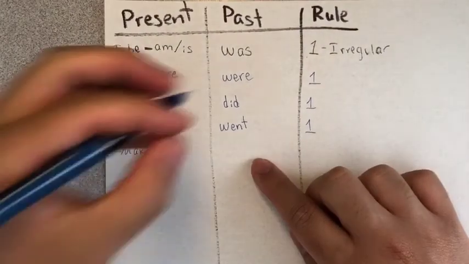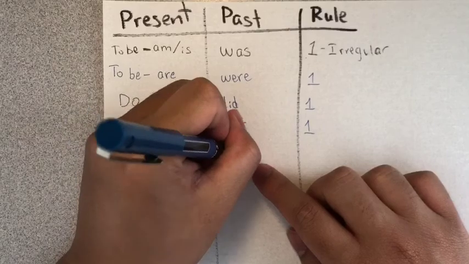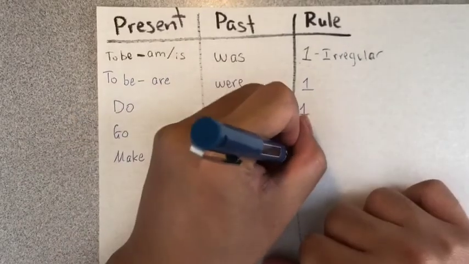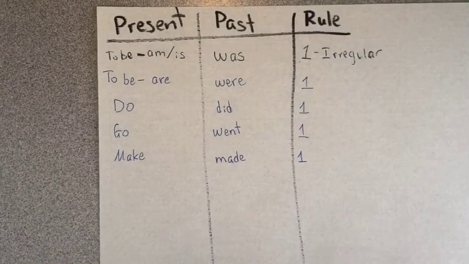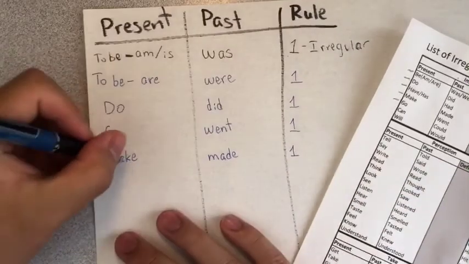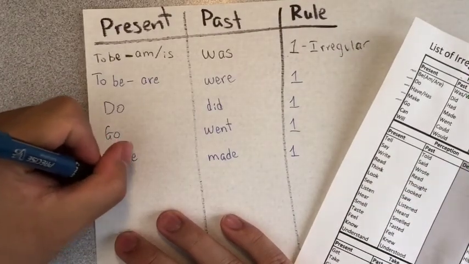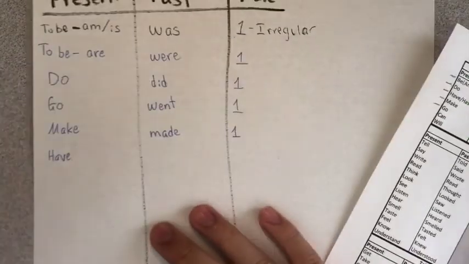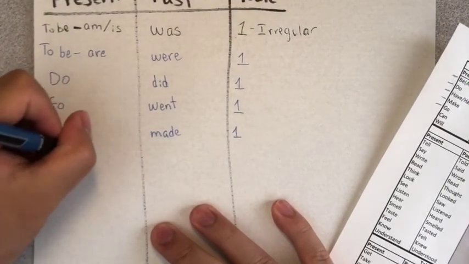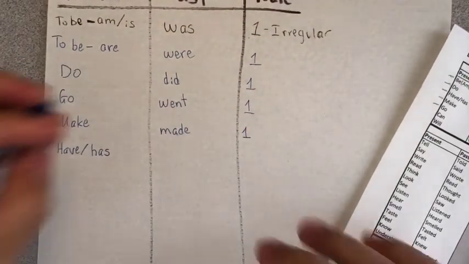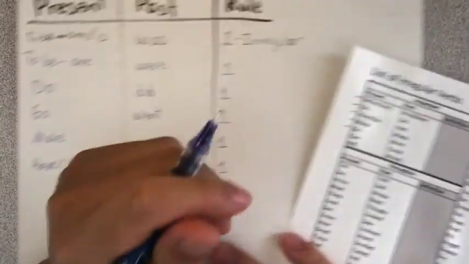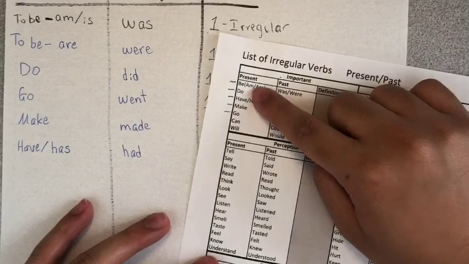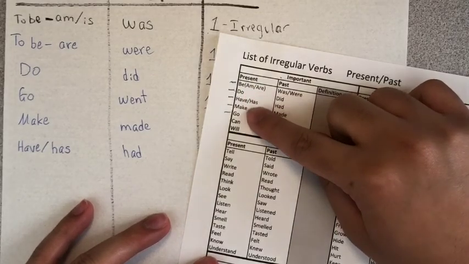Present is make, past is made. This word is irregular, so it's on the list of irregular verbs. We also have the word have. Have or has. In the past, we say had. Irregular. All of these verbs are right here. To be, do, have, make, and go.